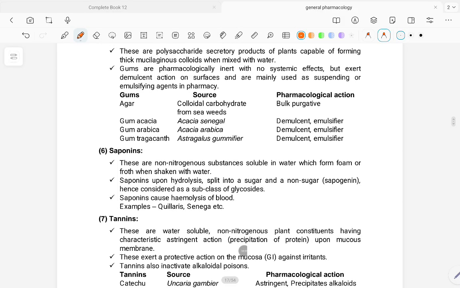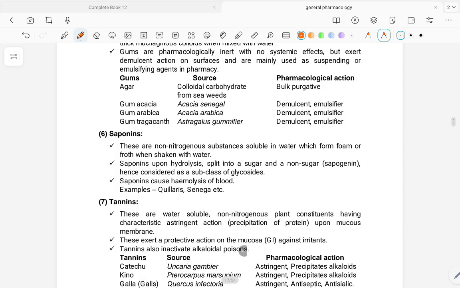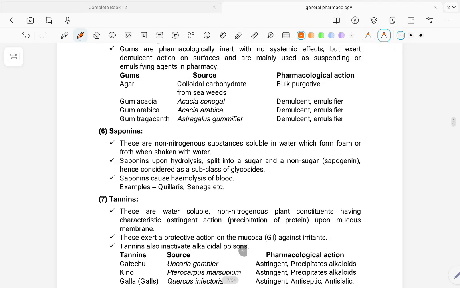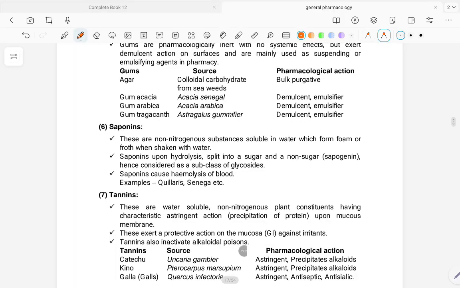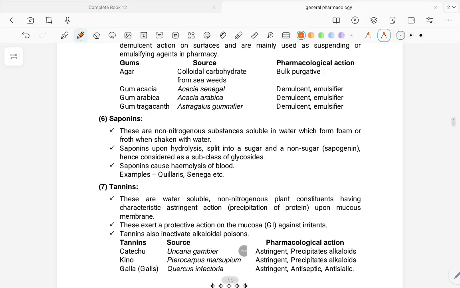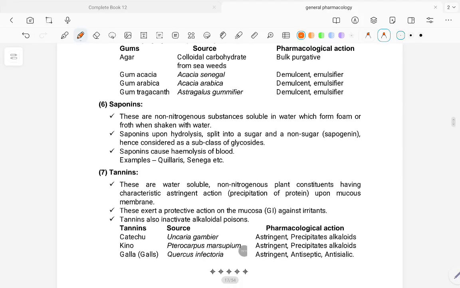Gum, source, pharmacological action: agar, colloidal carbohydrate from seaweeds, bulk purgative. Gum acacia, Acacia senegal, demulcent, emulsifier. Gum arabica, Acacia arabica, demulcent, emulsifier. Gum tragacanth, Astragalus, demulcent, emulsifier.